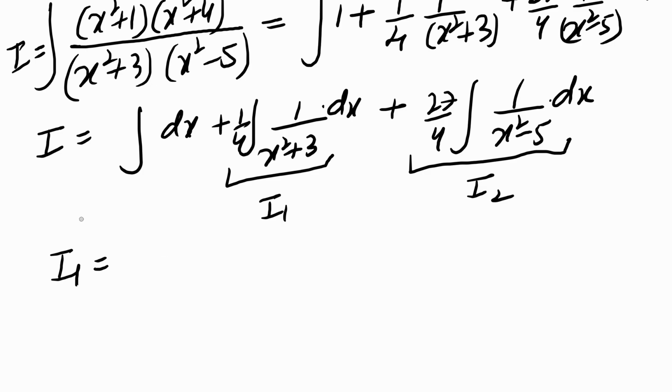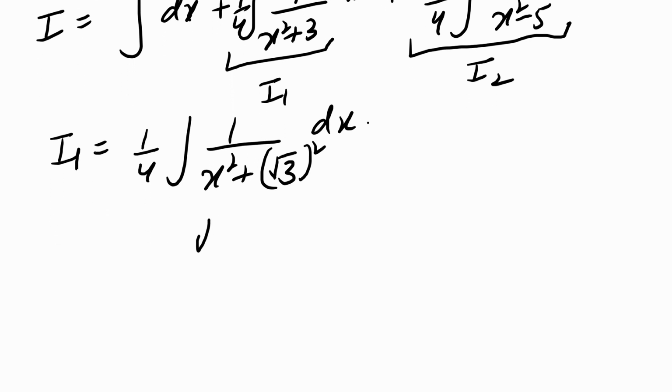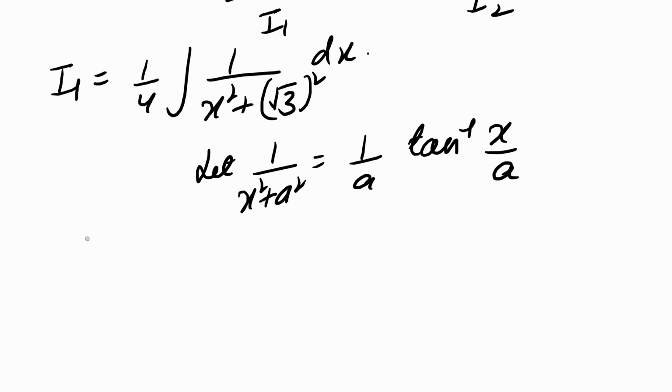So I1 I can write down as 1 upon 4 integral 1 upon x square plus under root 3 whole square dx. Now we will be using the same formula that we used previously: integral 1 upon x square plus a square is equal to 1 upon a tan inverse x upon a. So what do I get here?